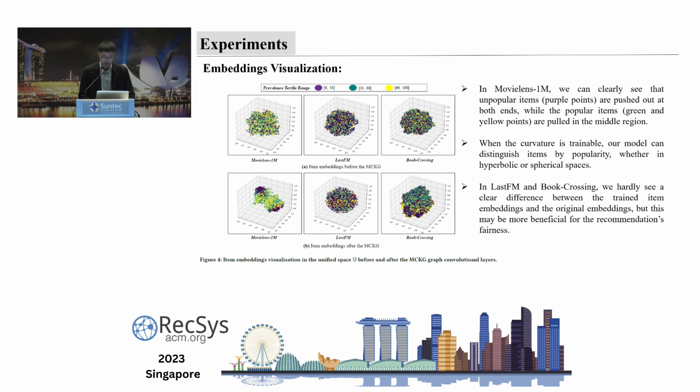First, in MovieLens-1M, we can clearly see that unpopular atoms, that is the purple points, are pushed out at both ends, while the popular atoms, that is the green and yellow points, are pulled in the middle region. Second, in Last.FM and Book-Crossing, we hardly see a clear difference between the trained atom embeddings and the original embeddings, but this may be more beneficial for the recommendation's fairness.